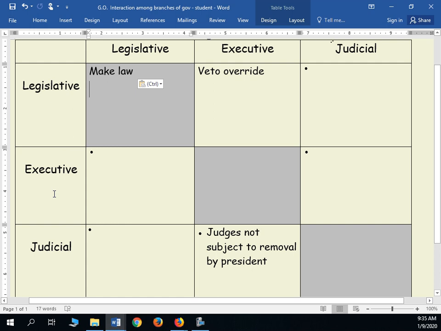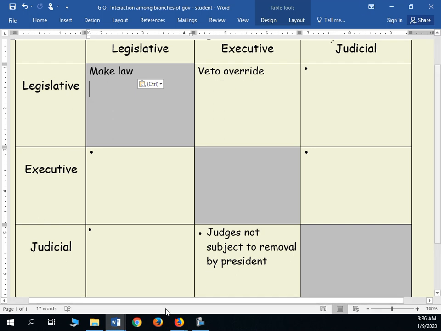If you remember, the executive branch can veto legislation and laws. That is a check that exists for the executive branch on the legislative. However, the legislative branch can override that veto by a two-thirds majority of Congress. And so that would place that particular one right there.